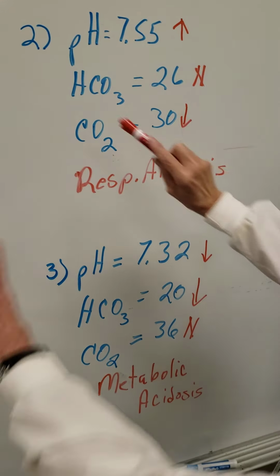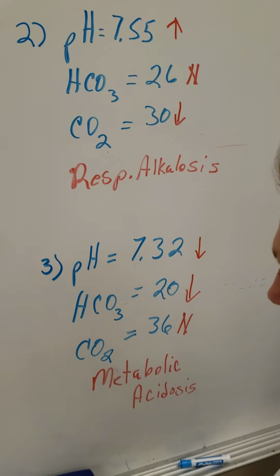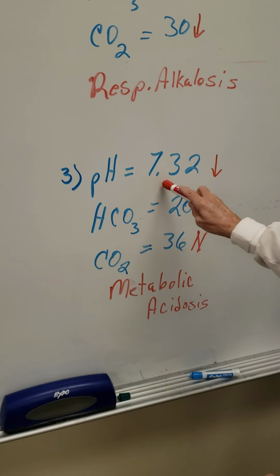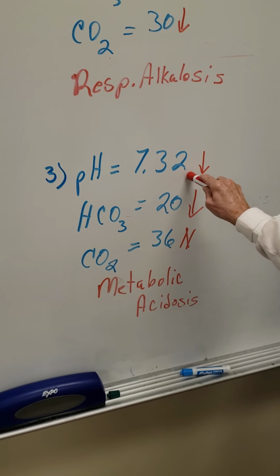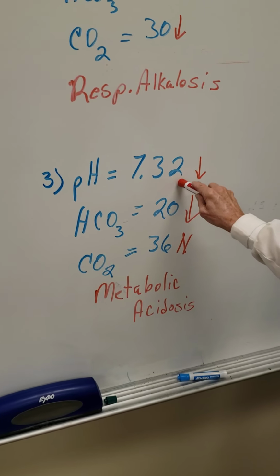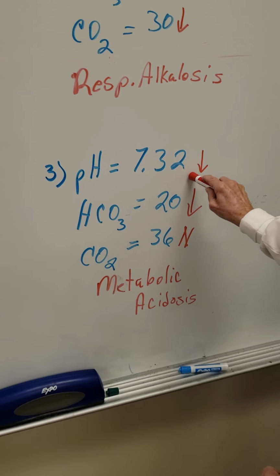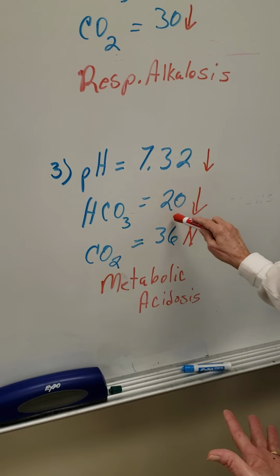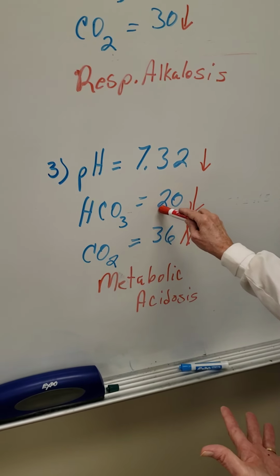Those values can change. But look at your arrows. They're always opposite. Now let's look at another example. Here's our pH at 7.32. That's acidosis again. It's less than 7.35. That's acidosis. But we don't know if it's metabolic or respiratory. Look at your bicarb component. Normal bicarb is 22 to 26.